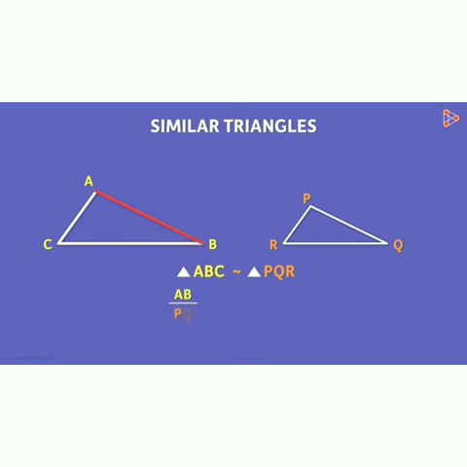As we know, their corresponding sides are in the same ratio: AB divided by PQ is equal to BC by QR and AC by PR.